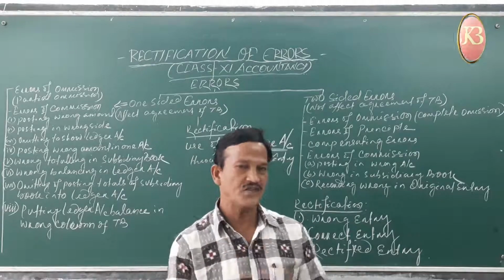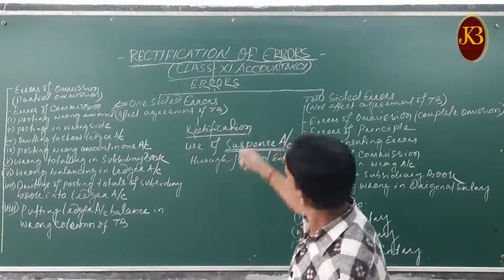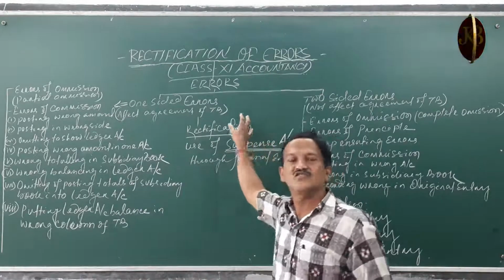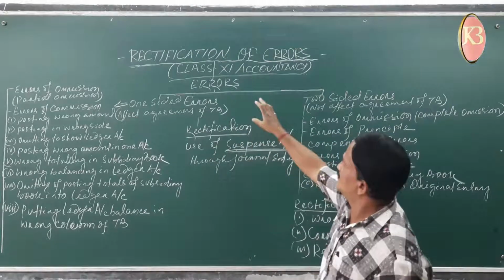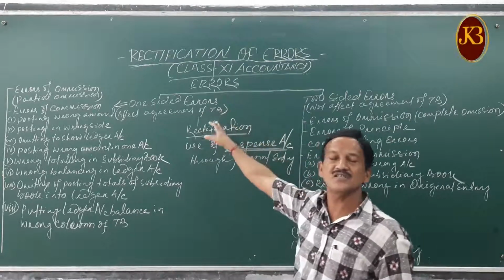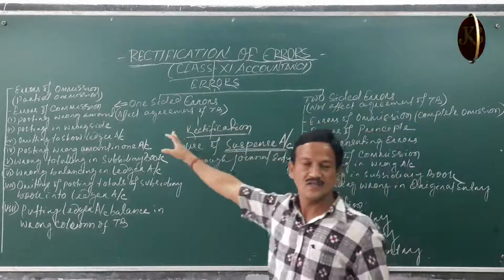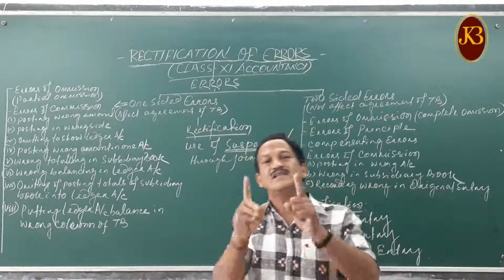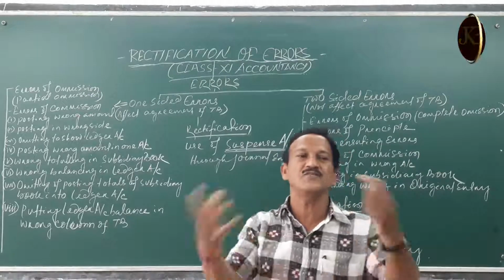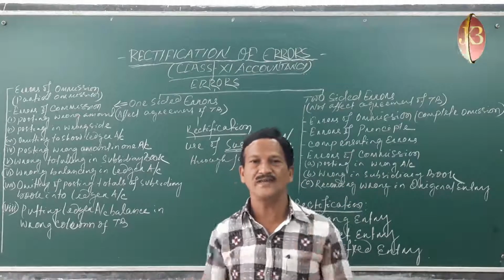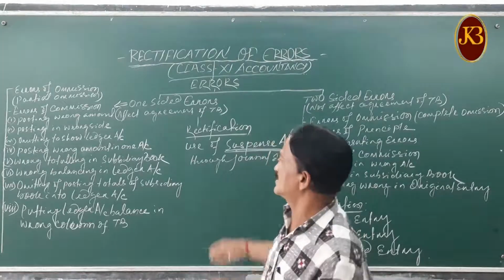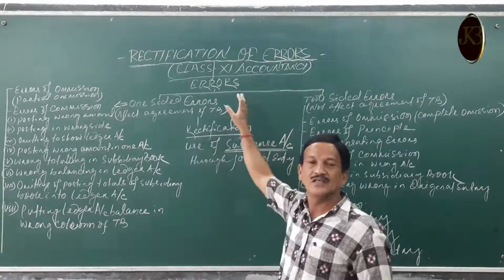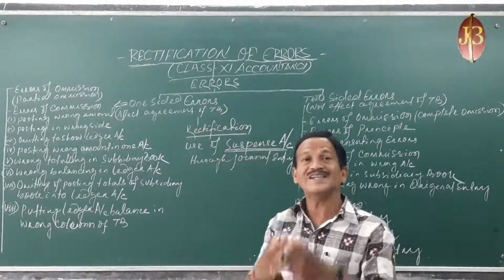For rectification purposes, you can see this chart. The errors are divided into two types: one-sided errors and two-sided errors. Yesterday we discussed the types of errors, the classification by nature of errors. Today we are discussing the errors classified on the basis of rectification.